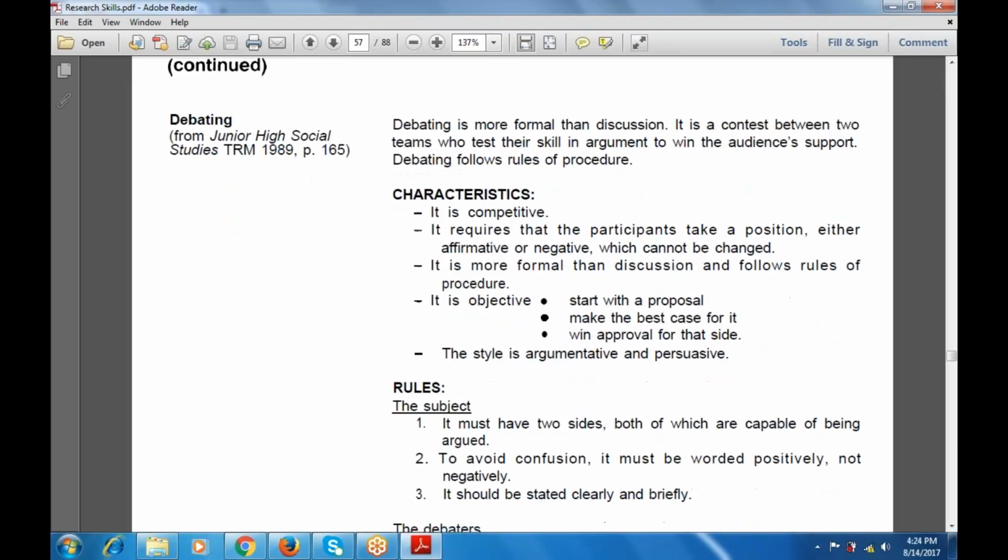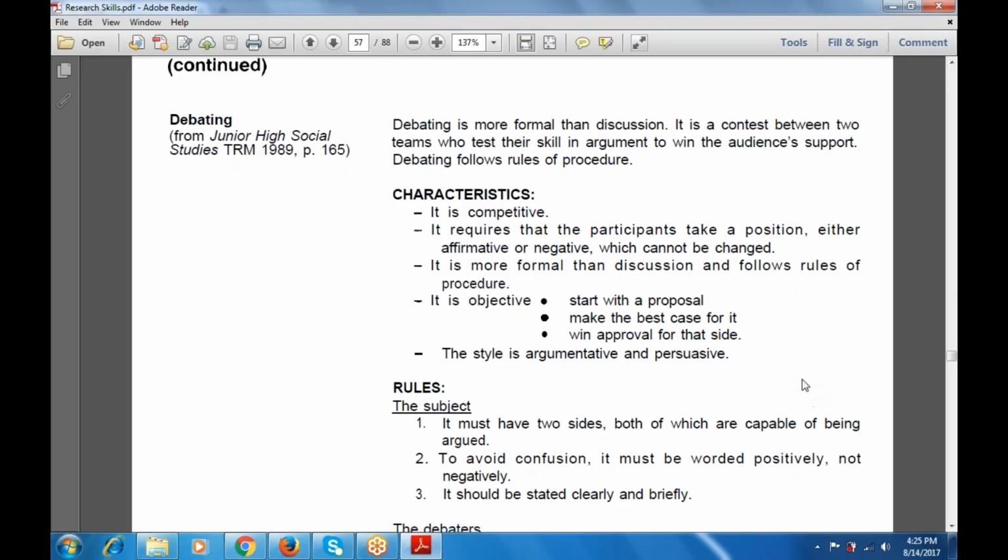The rules for the subject: it has two sides, both of which are capable of being argued. To avoid confusion, it must be worded positively, not negatively, and stated clearly and briefly.